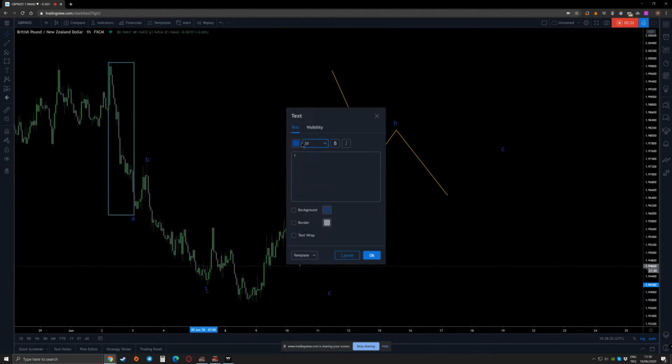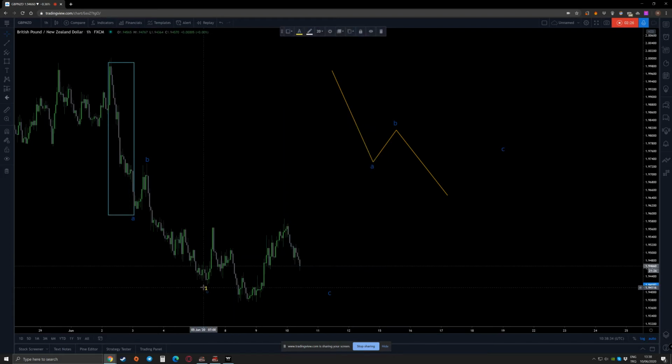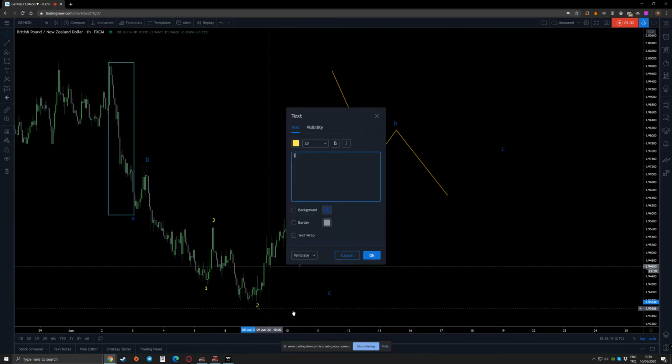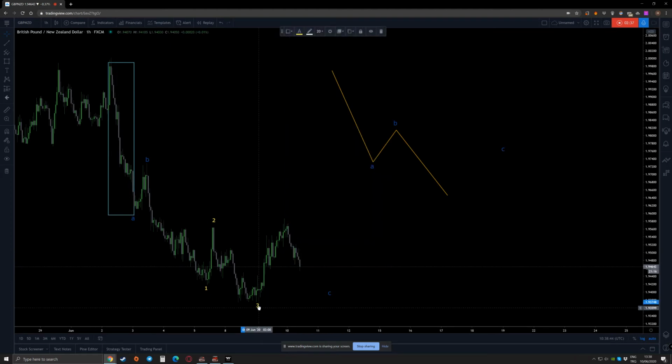So we have wave 1, we have a wave 2, we have a wave 3 making a new low, and we should have some type of wave 4, I'm not so sure, it can be like this, it can be here too.